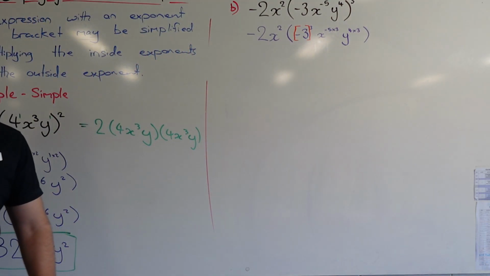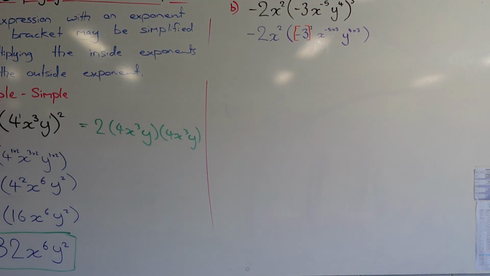You have to be very careful when you're dealing with exponents on negative numbers. When you put it in the calculator, sometimes they don't give you the right answer. So put brackets around your negative before you put in the exponent.